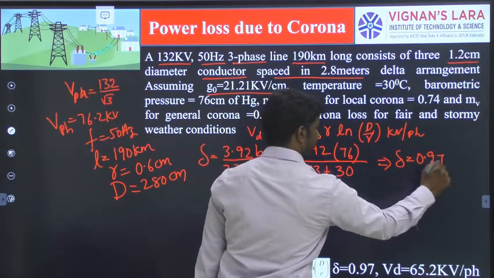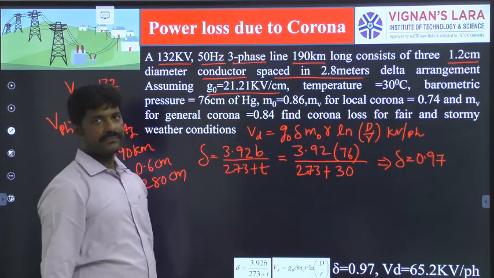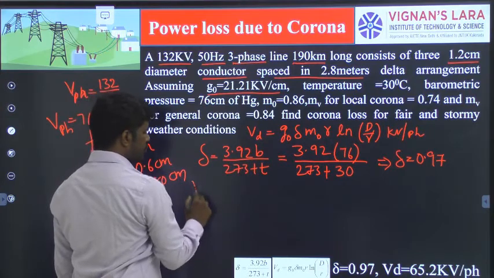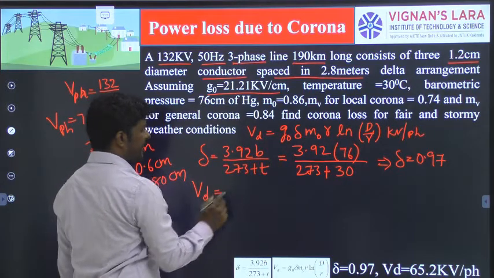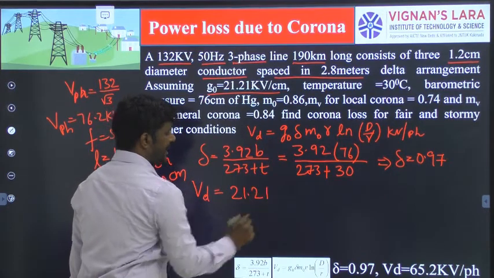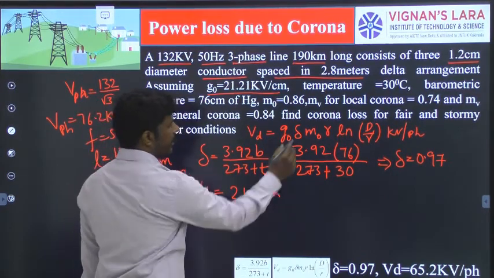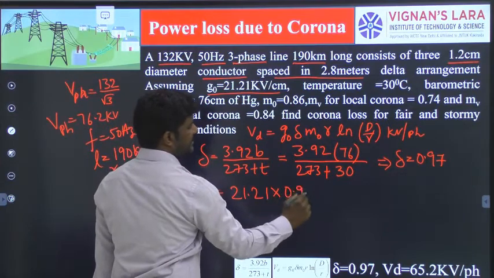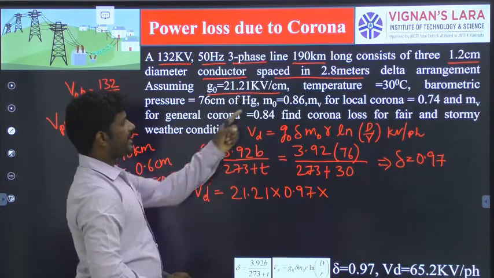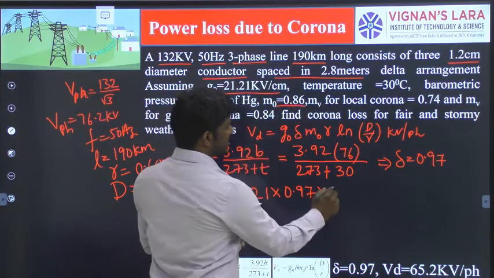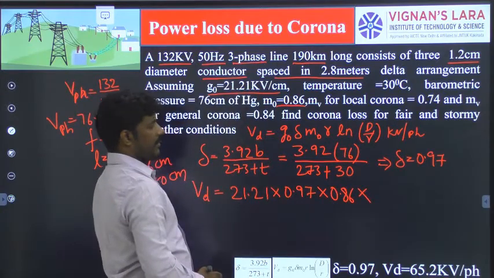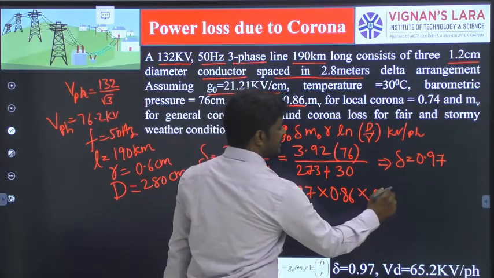0.97. Okay. So use that delta here and substitute to get the value of VD per phase. G naught value 21.21 kV multiplied by delta value 0.97 is to be again multiplied with the irregularity factor M naught, 0.86, multiplied by R value, radius 0.6 centimeters.